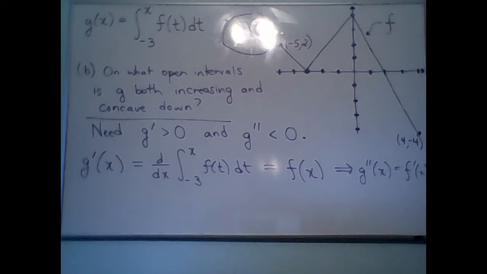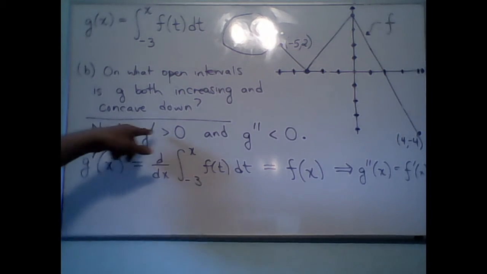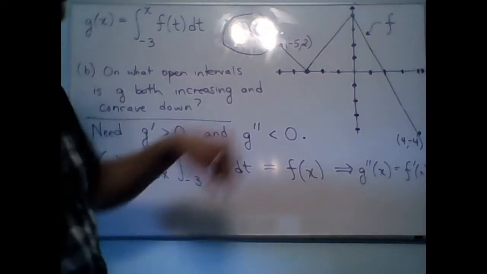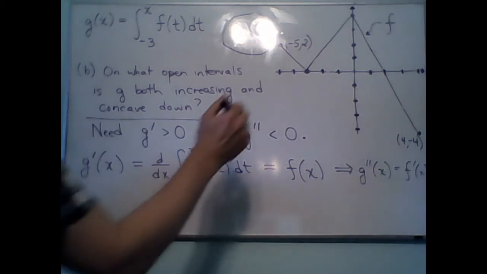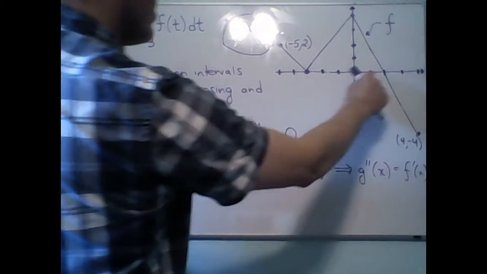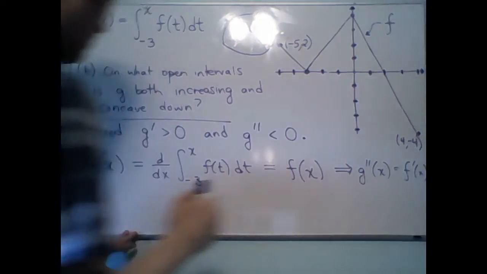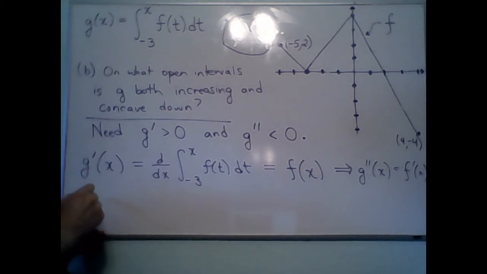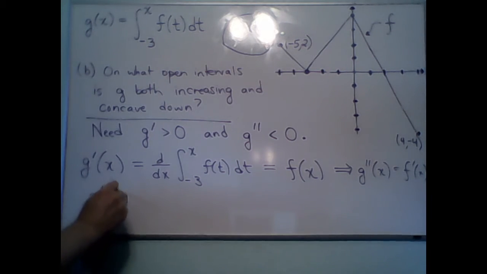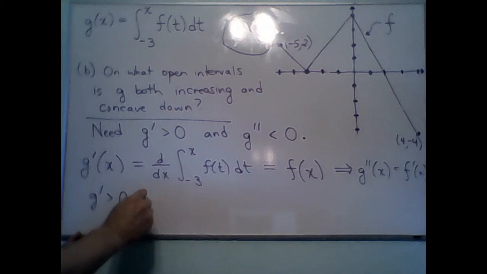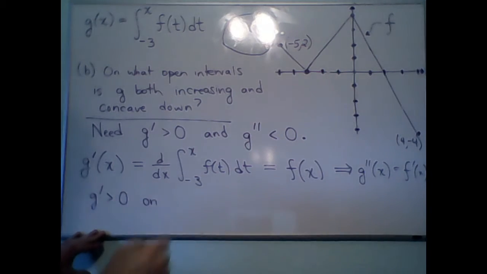Okay, so if I want g prime greater than 0, I need f greater than 0. So those are -5 up to +2. So g prime is greater than 0 on the open intervals.